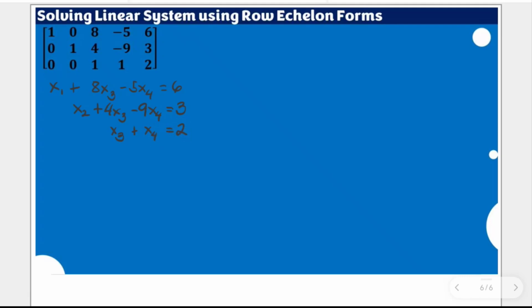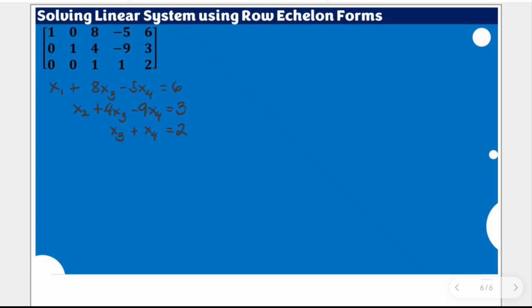Noticeably, we don't have a specific value for a variable, even if you look at the last row of your row echelon form, or the last equation here. Two variables when added result in 2, but we don't have specific values for either x sub 3 or x sub 4. In this case, we are going to treat one of them as an arbitrary variable so that we could use it in solving for the rest.